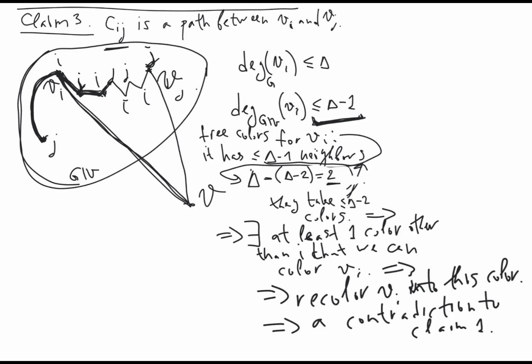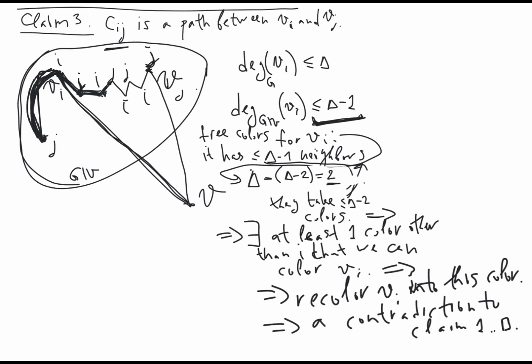So this would be a contradiction to claim 1. So this proves the case when one of the boundary vertices Vi or Vj is adjacent to some other vertex in this connected component except on the path.